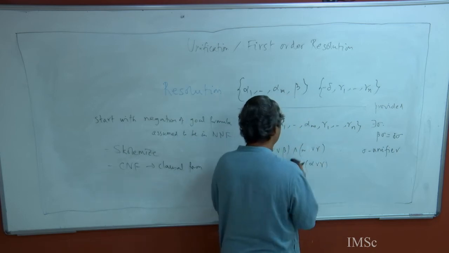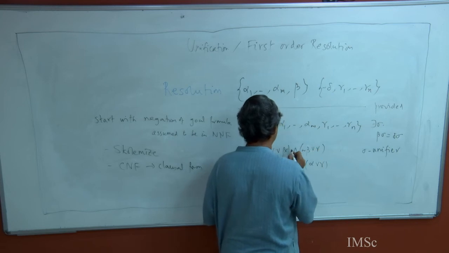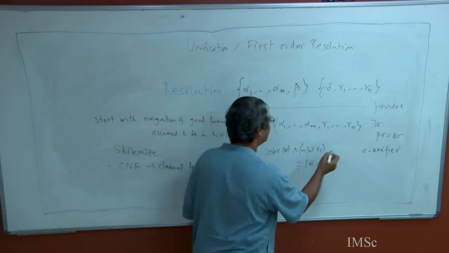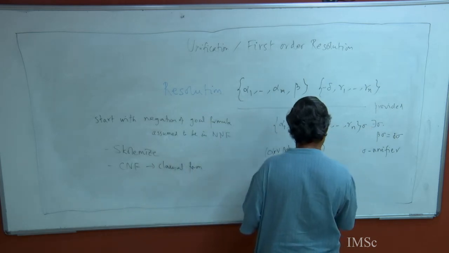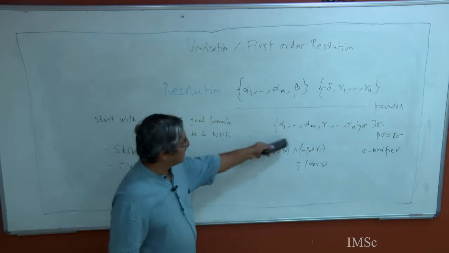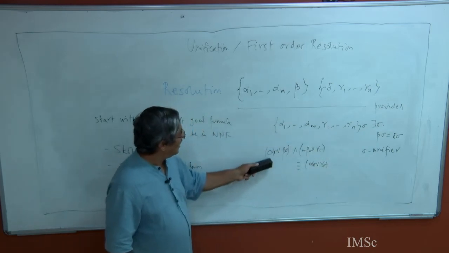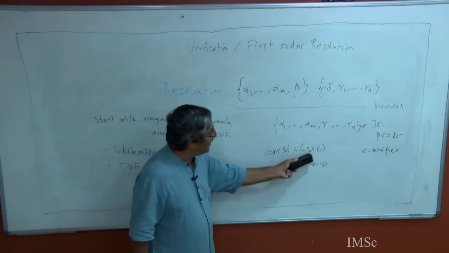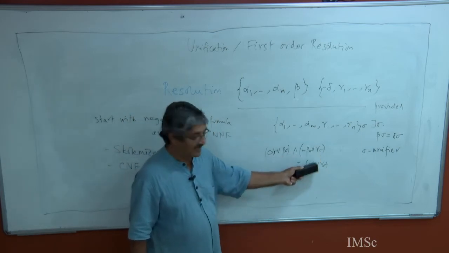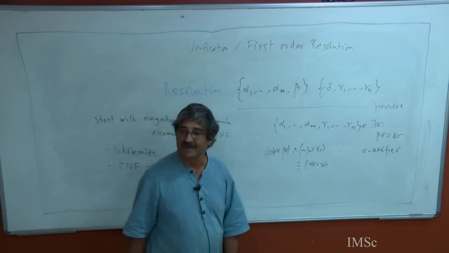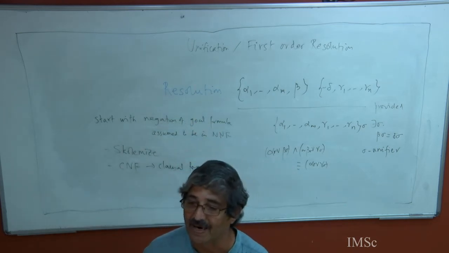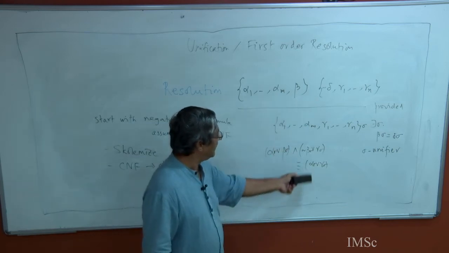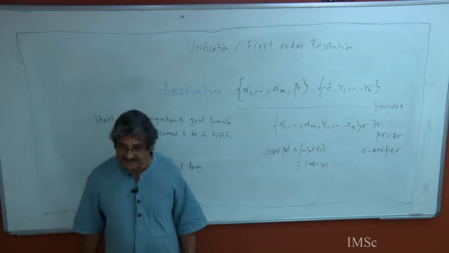So alpha sigma, gamma sigma, I should put sigma here because you have applied the substitution. So you are considering the formula alpha sigma or beta sigma and not beta sigma or gamma sigma, that will give you alpha sigma or gamma sigma, that is all. So you have applied the substitution sigma under which you find that these two contradict each other and you can throw away. So this is the idea.